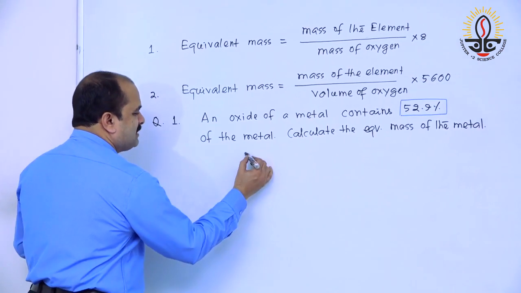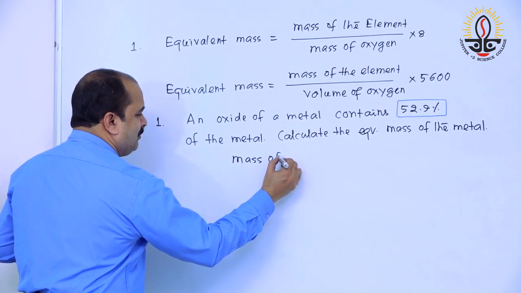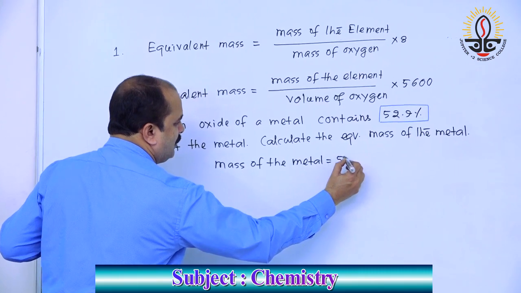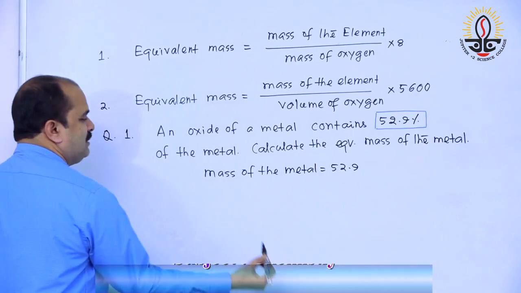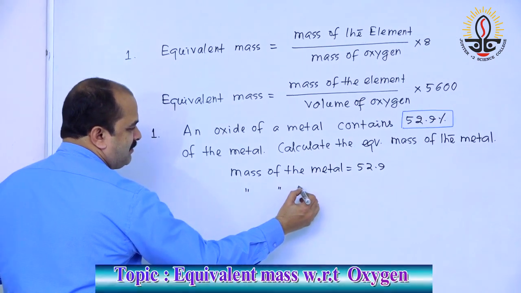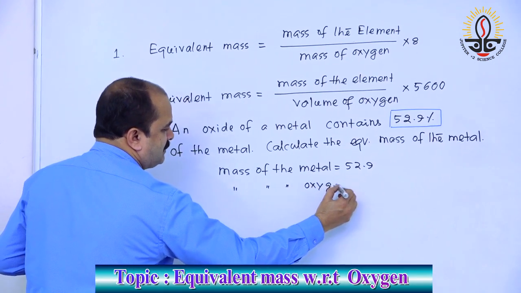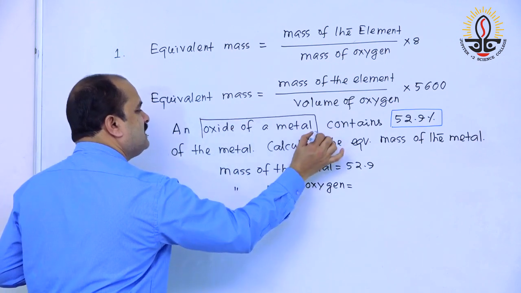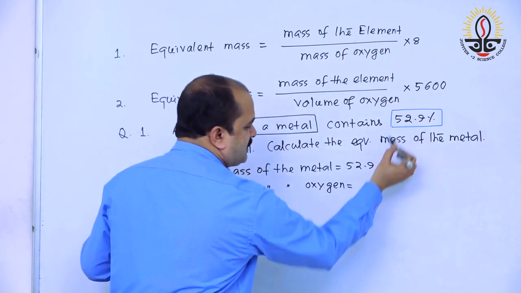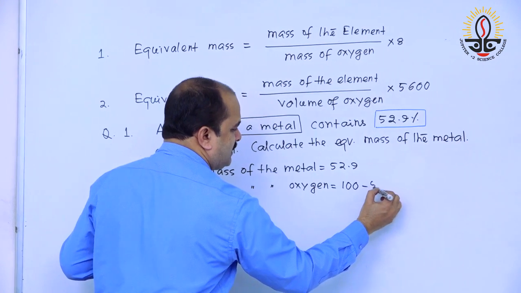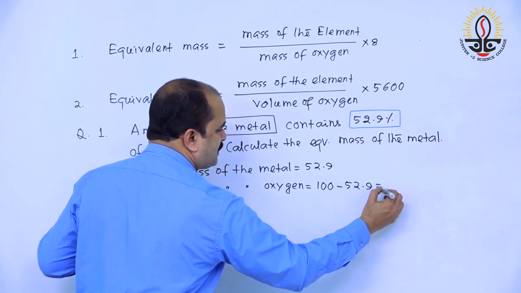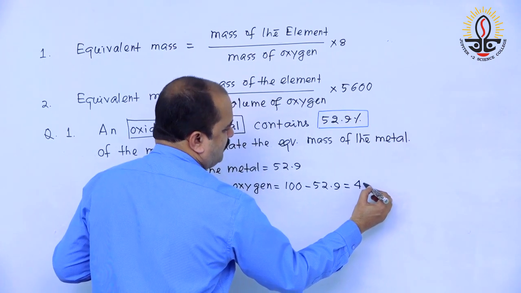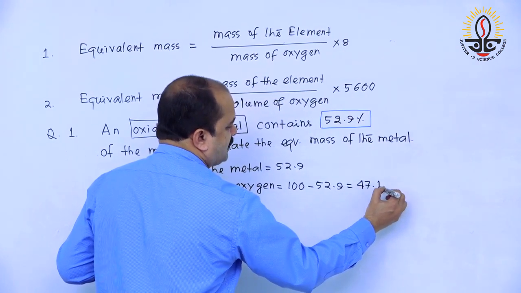So mass of the metal is equal to 52.9%. We can find out the mass of oxygen. Because it is a metal oxide, mass of oxygen is total percentage 100 minus 52.9%, which is equal to 47.1%.